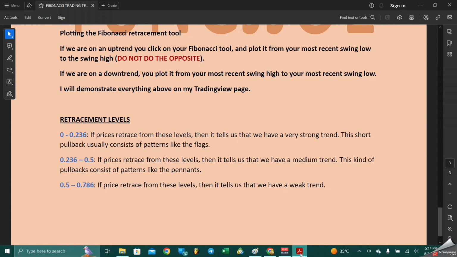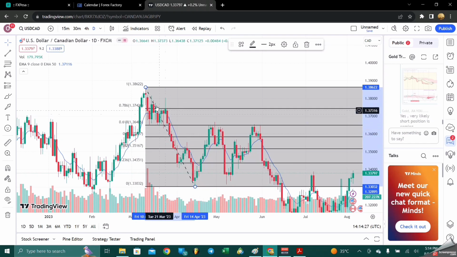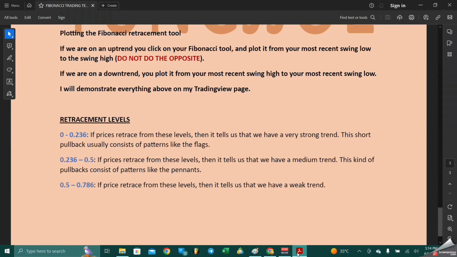If prices retrace from 0 to 0.236 level, then it tells us that we have a strong trend. This usually shows us patterns like flag patterns, okay? If prices retrace from 0.236 to 0.5, we regard this as medium trends. So if prices retrace up to between this place and this place, we regard this as medium trends, and they usually have patterns like pennants, okay?